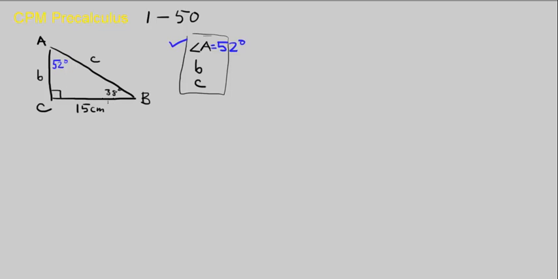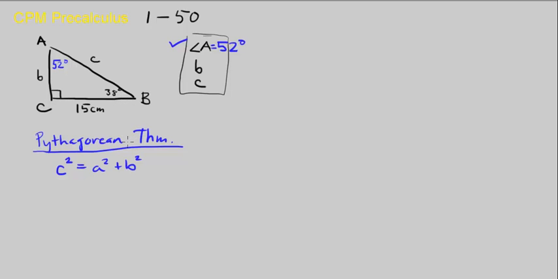So how could we find side B or C? Well, one thing we know for a right triangle is the Pythagorean Theorem. The Pythagorean Theorem is basically saying the length of our hypotenuse squared is equal to the sum of the squares of our legs, the other sides of the triangle.